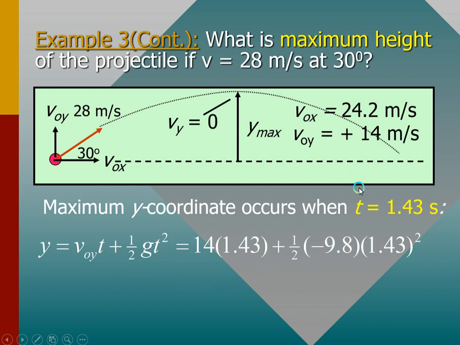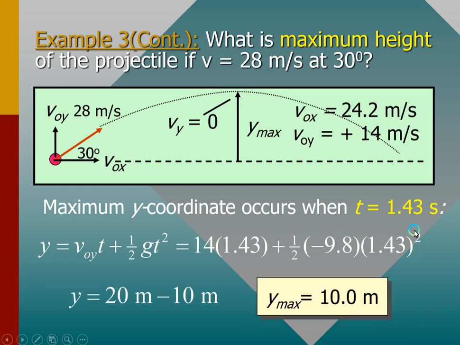We have 14 times 1.43 plus 1 half times negative 9.8 times 1.43 squared. So your y max is equal to 10 meters. So that is our value for the maximum height of the projectile.